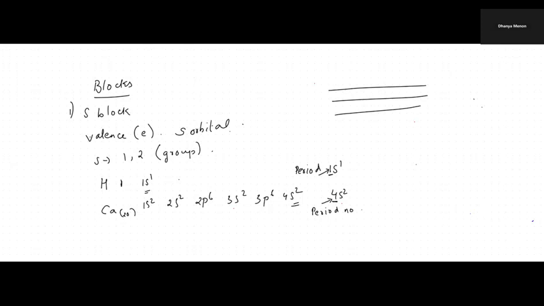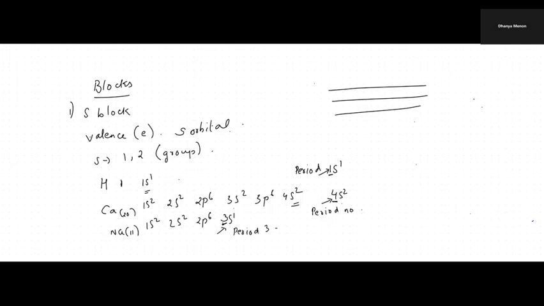Similarly, let's take one more example, sodium. Sodium is 11: 1s2, 2s2, 2p6, 3s1. So what is the valence shell number for sodium? Sodium is in period 3.